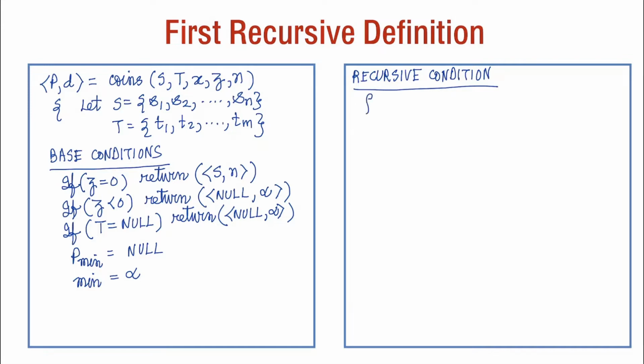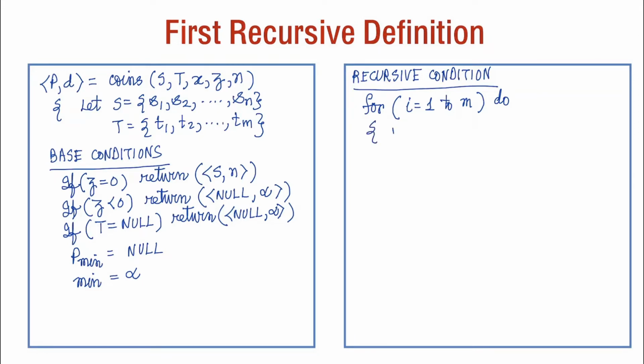So if we are to do this, we will do for i equal to 1 to m, that means for all values of t. That means we are going to choose elements of t one by one.